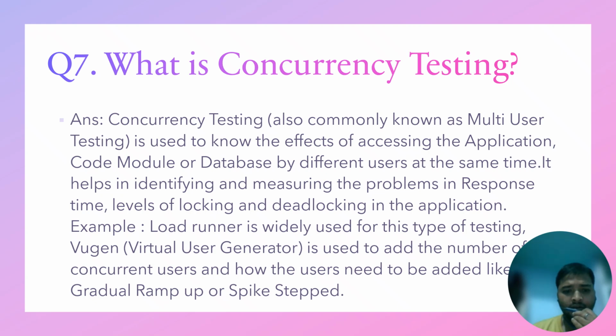For example, LoadRunner is widely used for this type of testing. The Vugen virtual user generator is used to add the number of concurrent users and how the users need to be added, like gradual ramp up or cycle step.